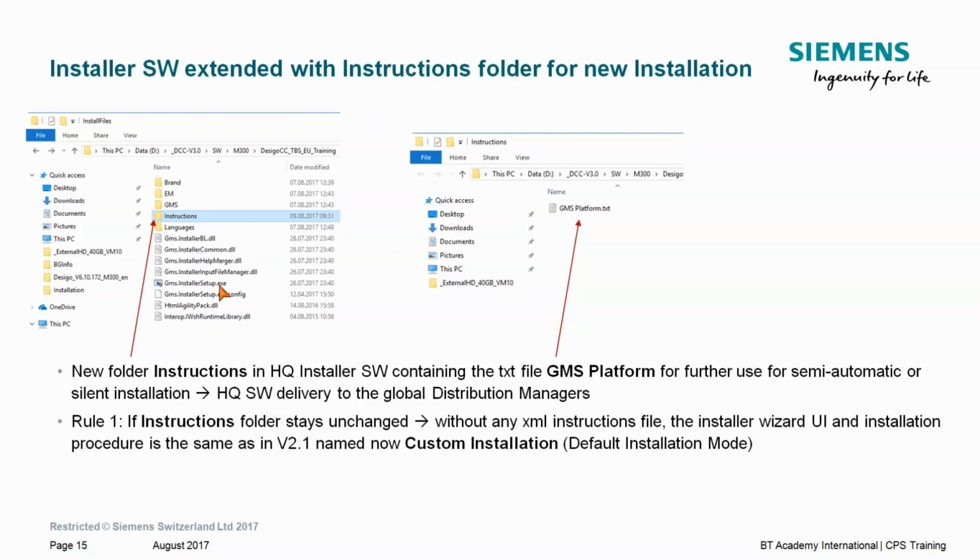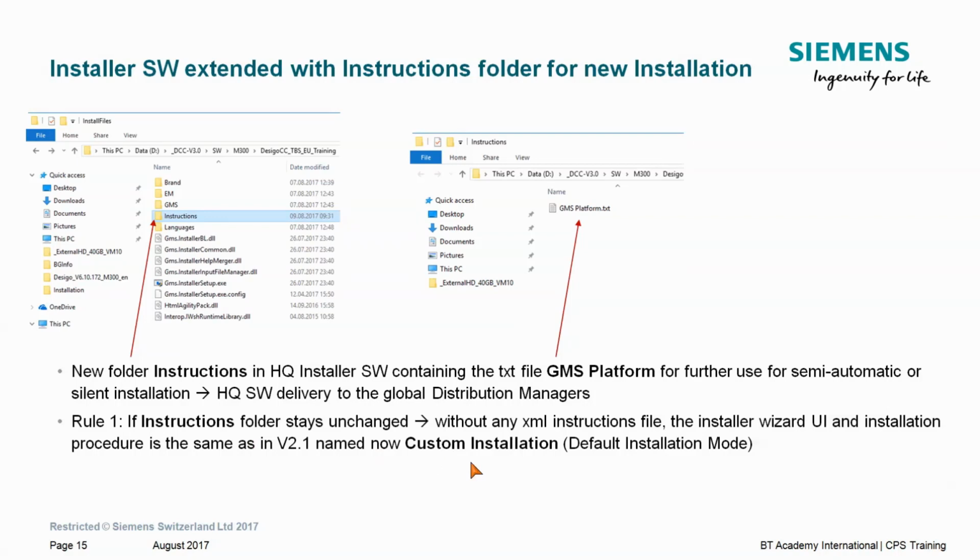So you can take the software the way it is delivered by the headquarter, and you could straight away start with the installation, and you will get the same wizard with the same process as we know it in version 2.1. And this installation process is now named custom installation because we have to distinguish it.